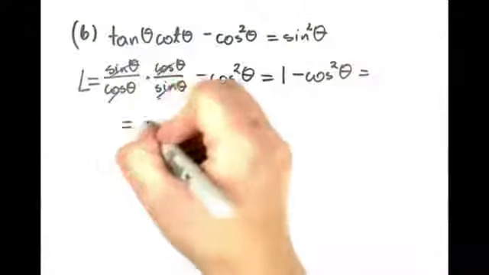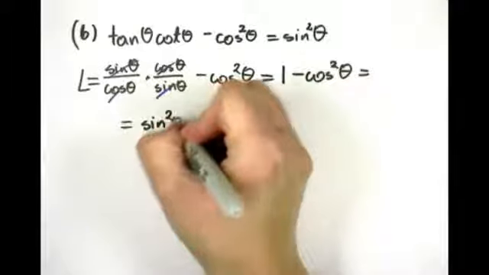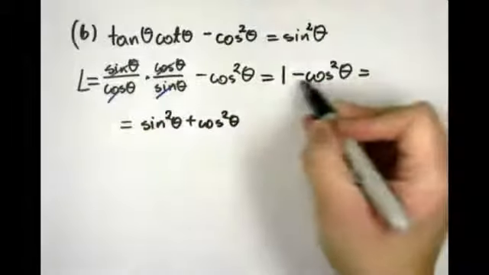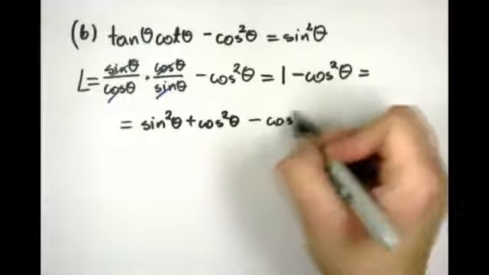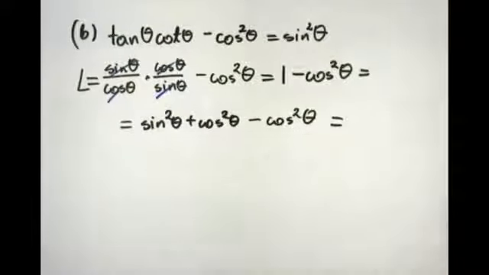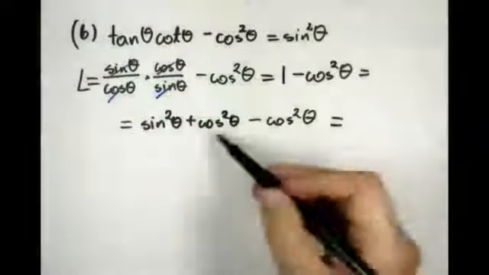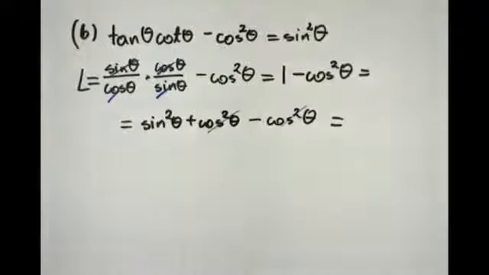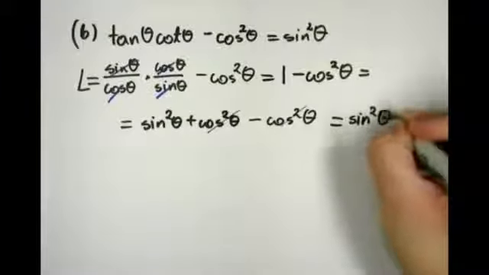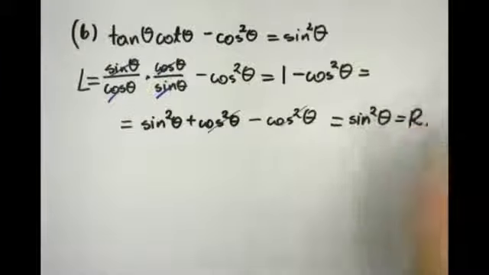So this is sine square theta plus cos square theta, and then I have minus cos square theta, and those two reduce to 0. So I'm left with sine square theta, which is my right side. So the identity is established.